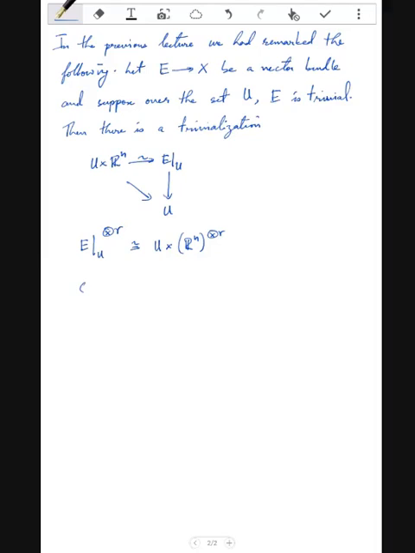Similarly, Sym r of E restricted to U is isomorphic to U cross Sym r of Rn. Similarly, exterior r of E restricted to U is isomorphic to U cross exterior r of Rn.